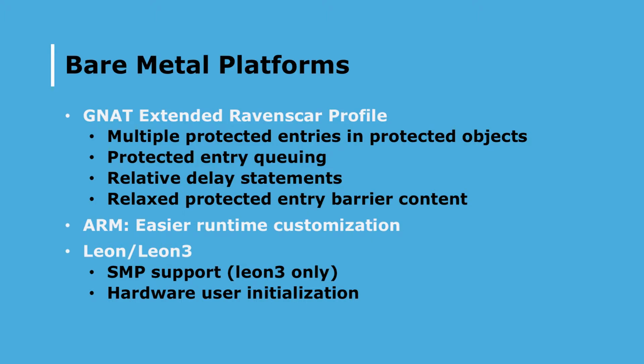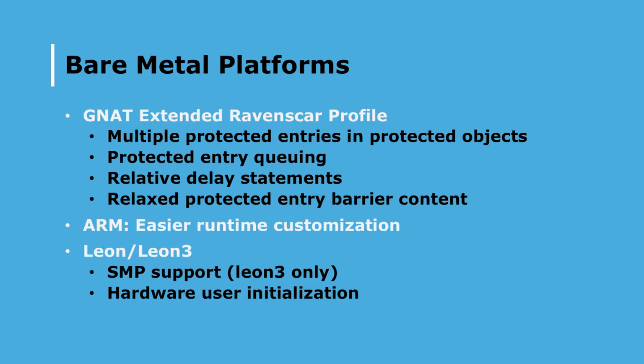In this extended Ravenscar profile, we'll have support for multiple protected entries in protected objects, whereas Ravenscar is limited to one protected entry so far. Support for protected entry queues, which was also not supported in Ravenscar: there you had a queue of only one potential task, but now you will have a queue which will potentially be unbounded.